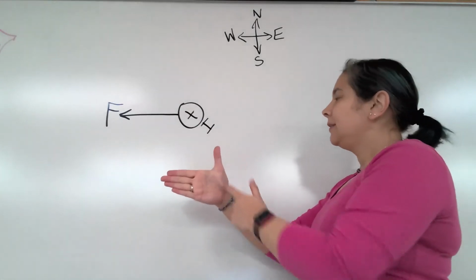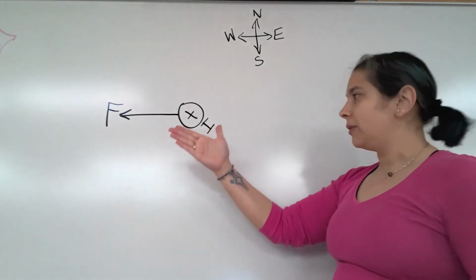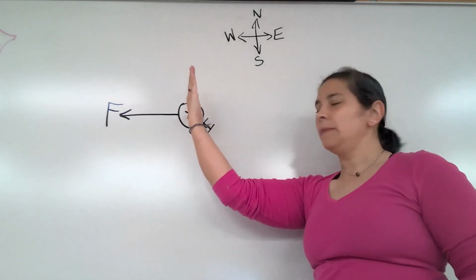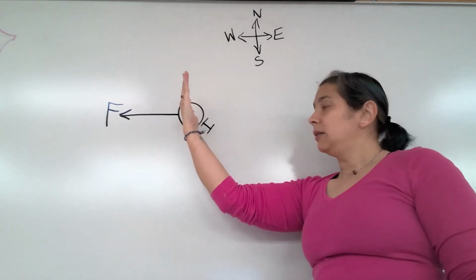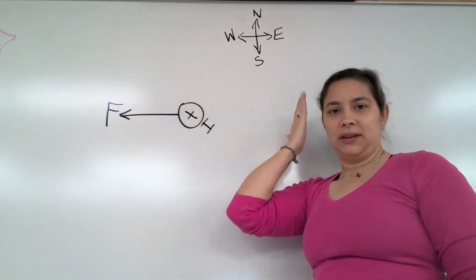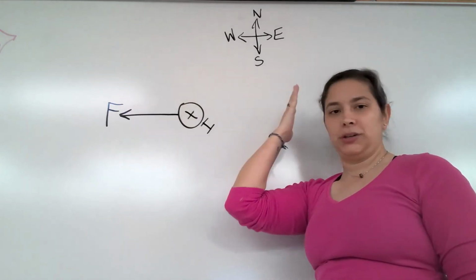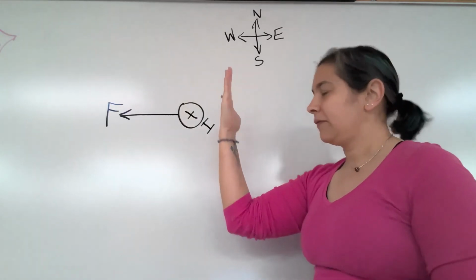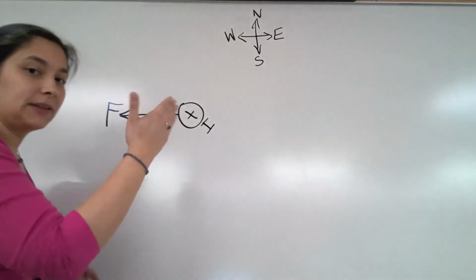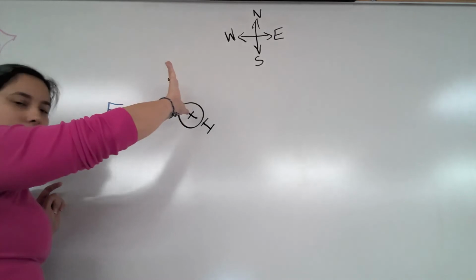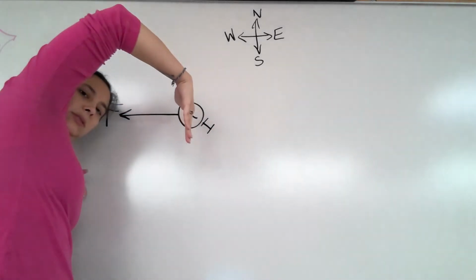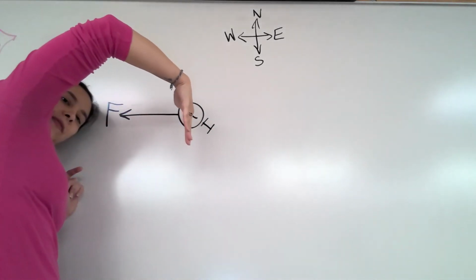Right-hand rule. This time we need current to go in, like so, and we need F to go that way. Oh, well, my hand right now has the F going this way. It's going the wrong direction, isn't it? Okay. Let me flip over on this side then. Ah, there we go.